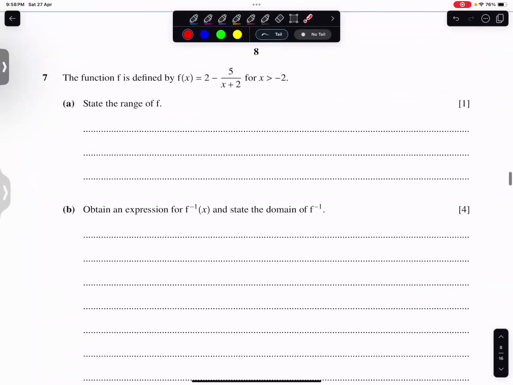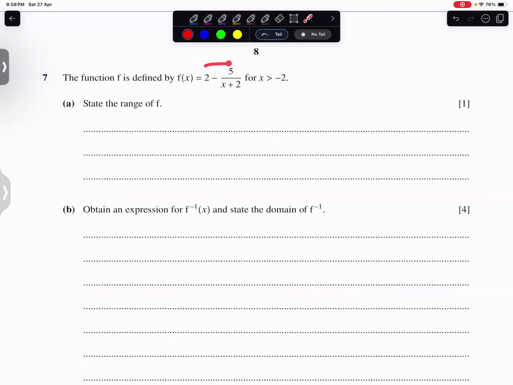The next question is from functions. We have done a similar question in a previous paper. Cambridge repeats the concepts within a year, okay? The function f is defined by this. State the range of f.